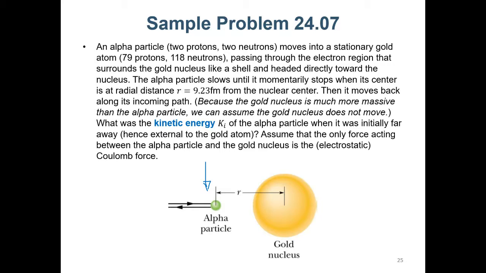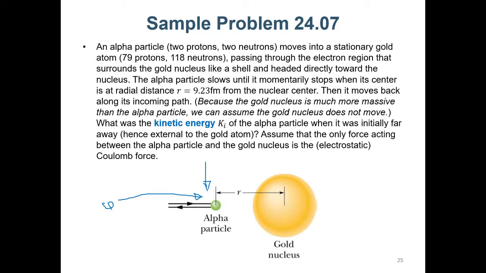It passes through the electron region that surrounds the gold nuclear shell and heads toward the nucleus. So actually, the alpha particle comes from there and tries to collide with the gold nucleus, and actually it cannot really touch the nucleus.